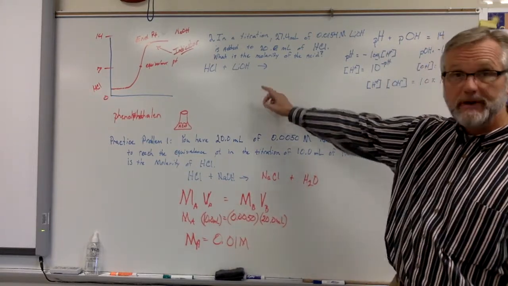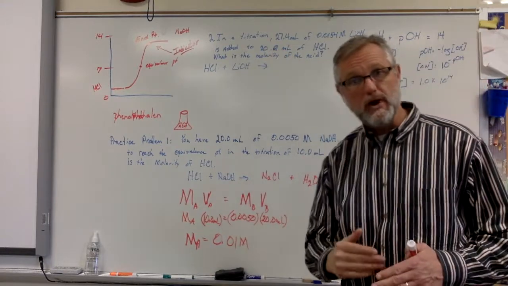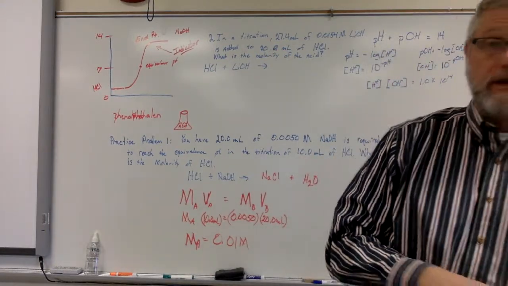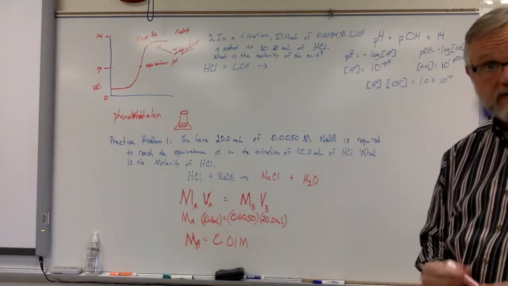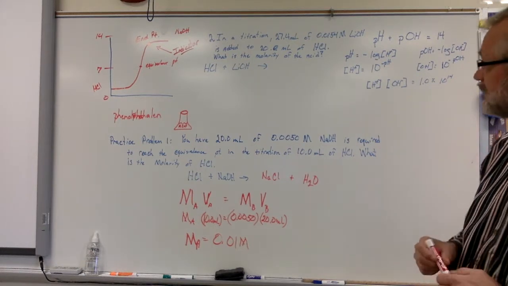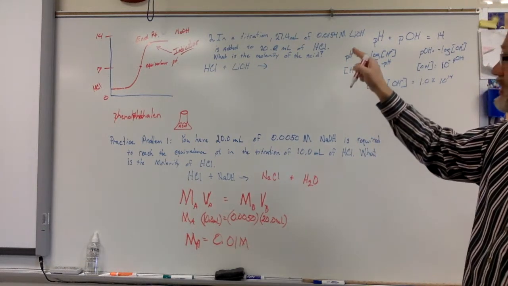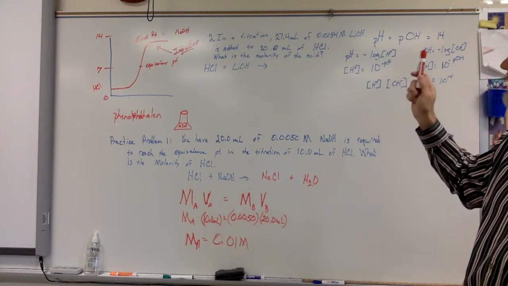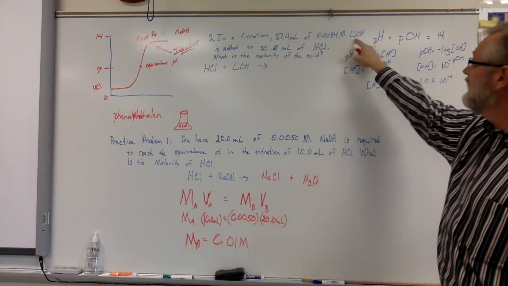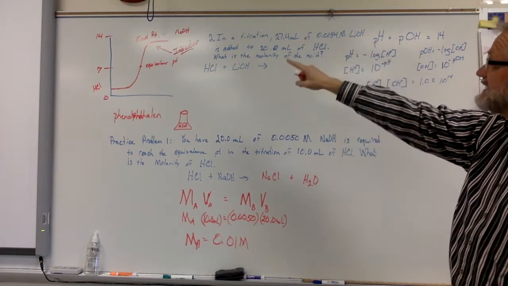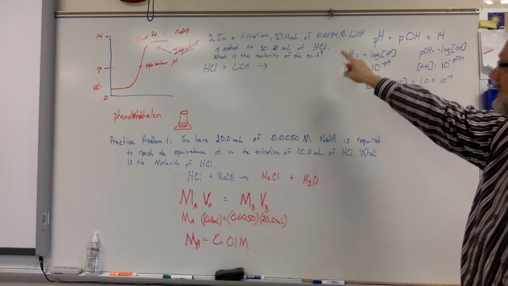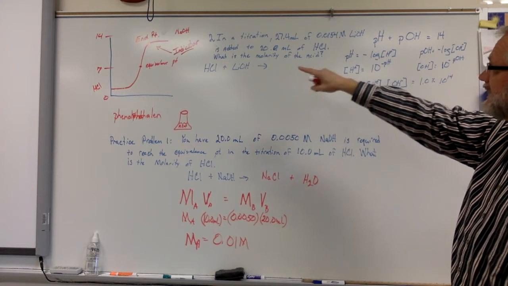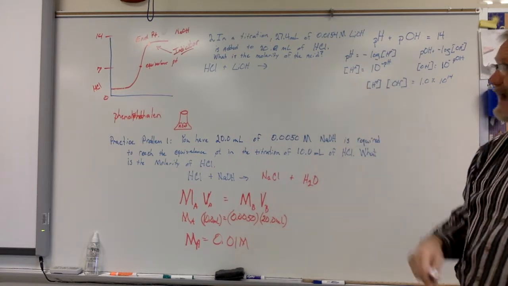So we come back up here. I want to work one more problem, and then there's a third problem and a couple of more that I've put into your notes that I want y'all to finish up. It says, in a titration, 27.4 milliliters of 0.0154 molar of lithium hydroxide is added to 20 milliliters of HCl. It says, what is the molarity of the acid?